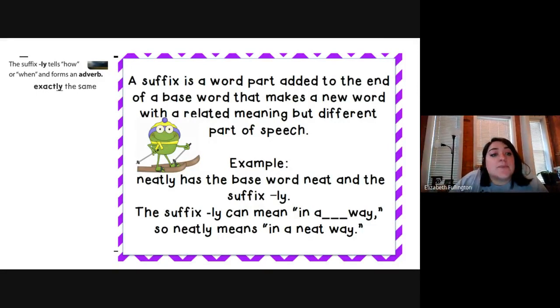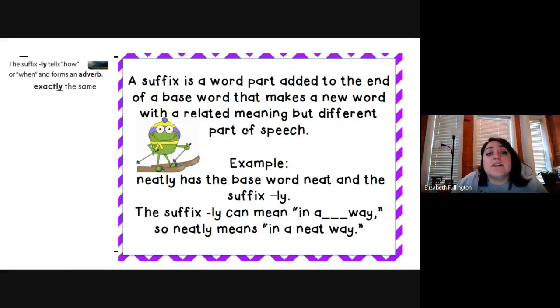So it says here, an example would be exactly. So exactly is an adverb because it has ly at the end, and it means the same. So it tells me how things are the same.